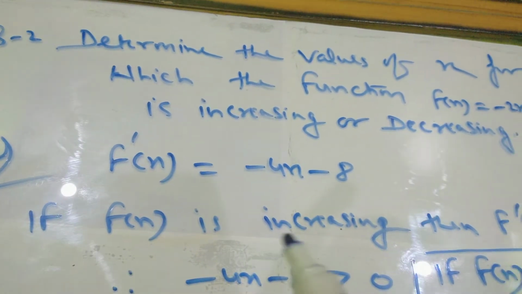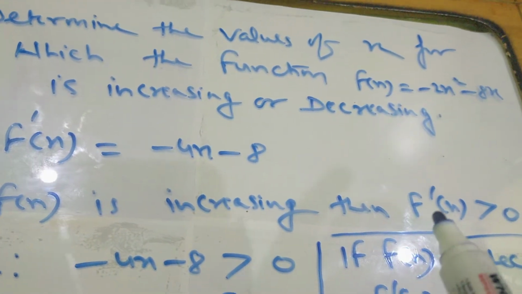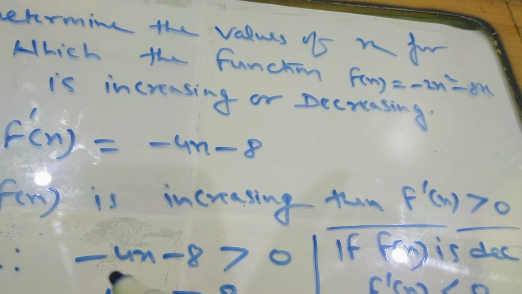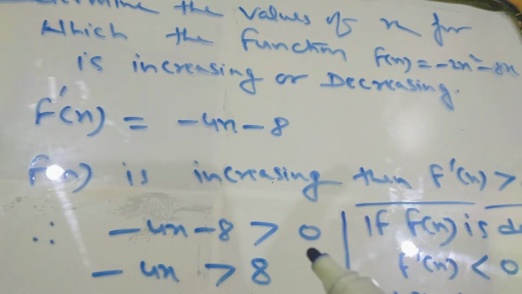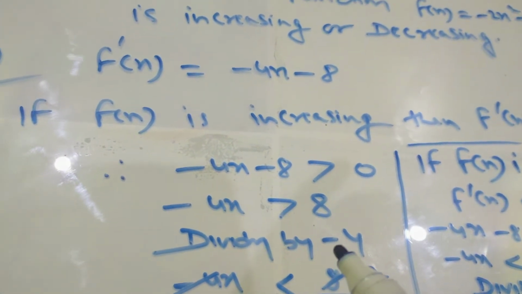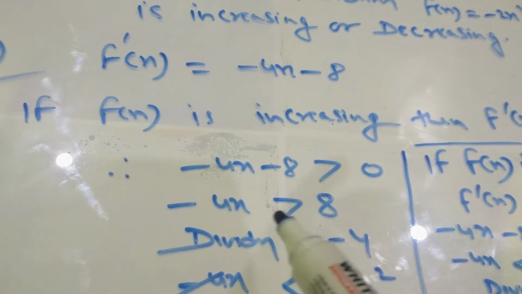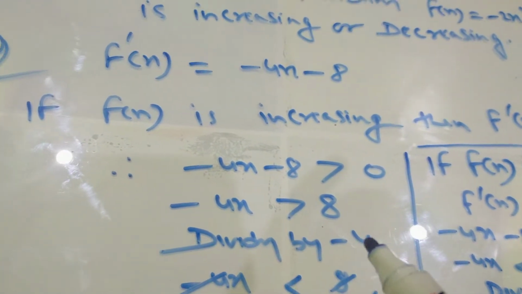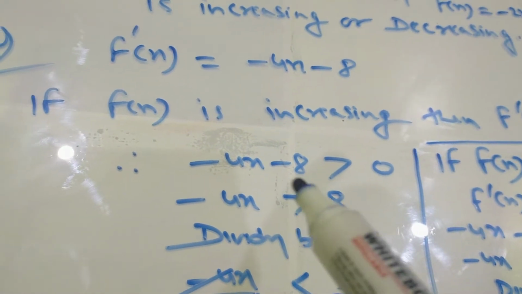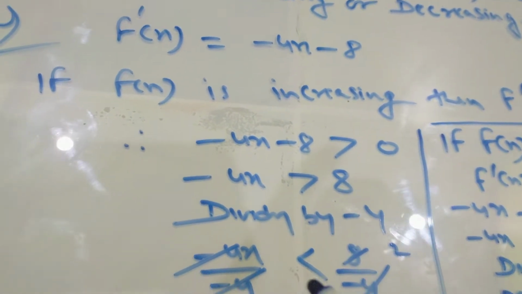Now if the function is increasing, you know the condition is f dash x is greater than 0. So minus 4x minus 8 is greater than 0. I shift this 8 to the other side. Now dividing by minus 4: in an inequality, if you divide or multiply by a minus sign, the sign of the inequality changes. Greater becomes less.